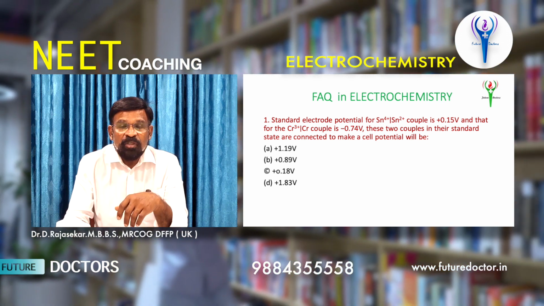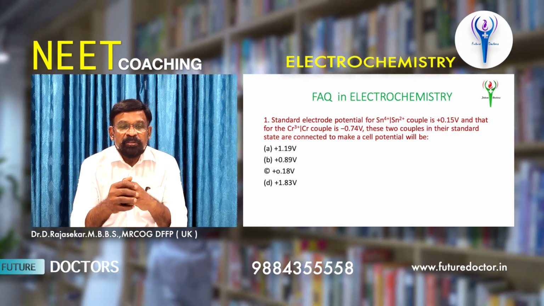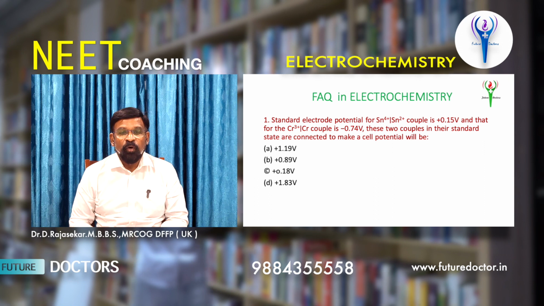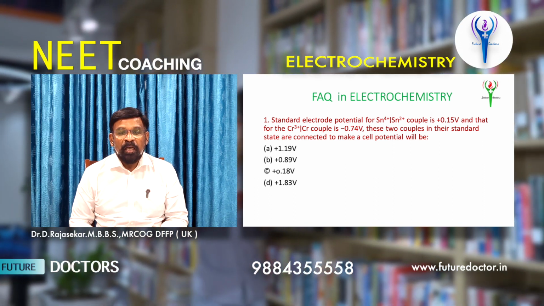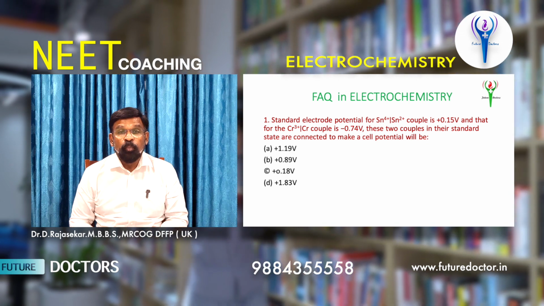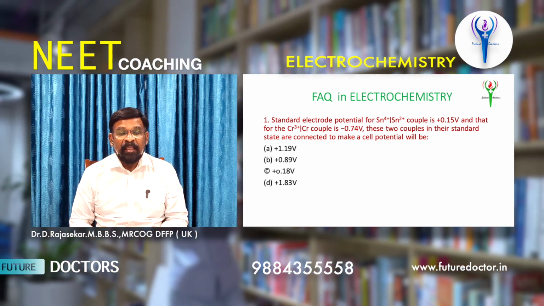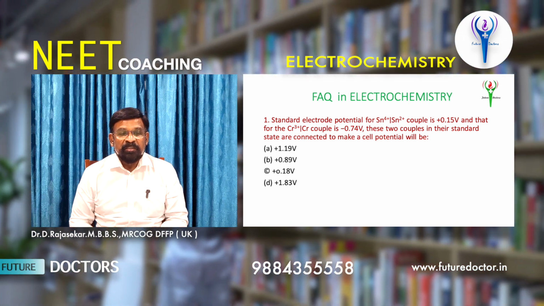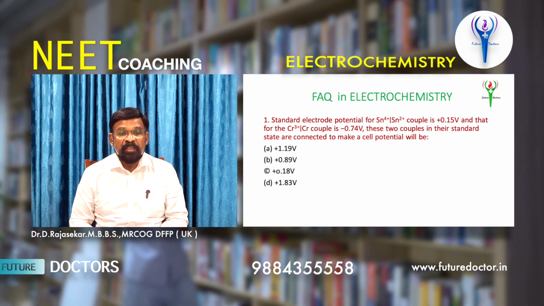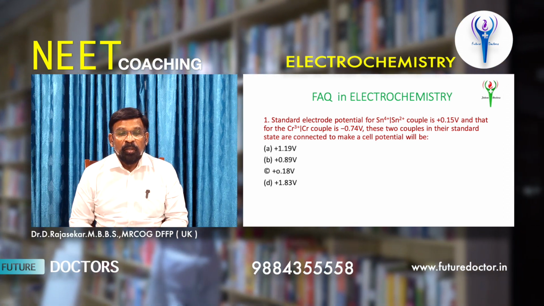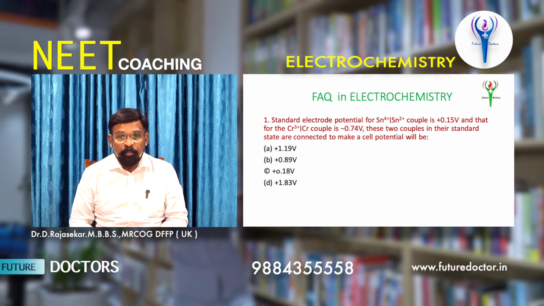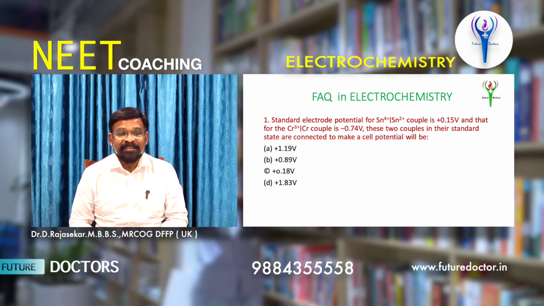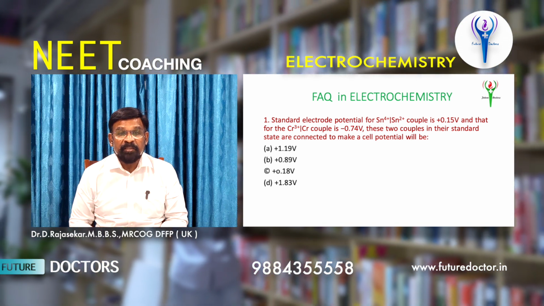Moving on to the first question in electrochemistry. Standard electrode potentials for the Sn4+/Sn2+ couple is +0.15 V, and that for the Cr3+/Cr couple is -0.74 V. These two couples in their standard state are connected to make a cell.